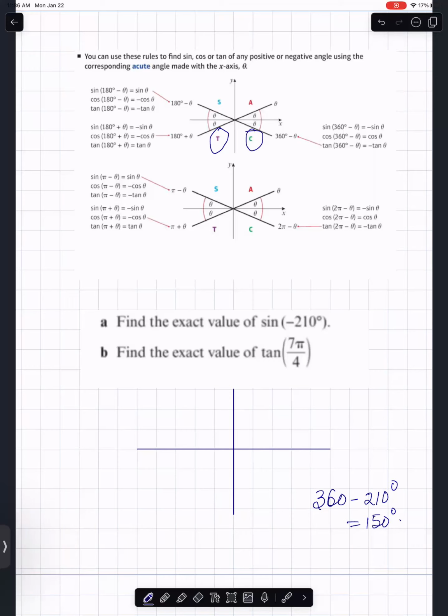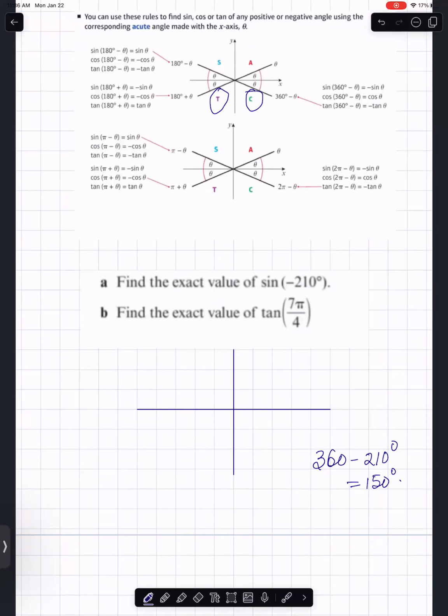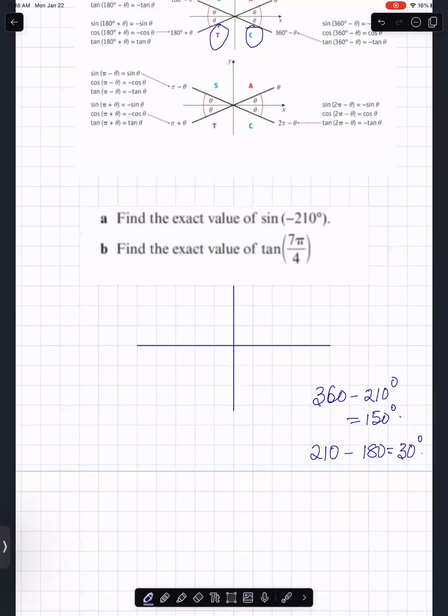Or on this angle, we have 180 minus 210, or 210 minus 180. This gives us the second value because we are supposed to have two values for this. So 210 minus 180 degrees will give us what? 30 degrees. So the angles we have gotten at that point are 150 and 30 degrees. So we have 150 degrees this way.